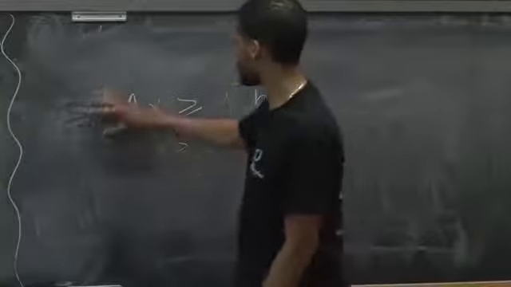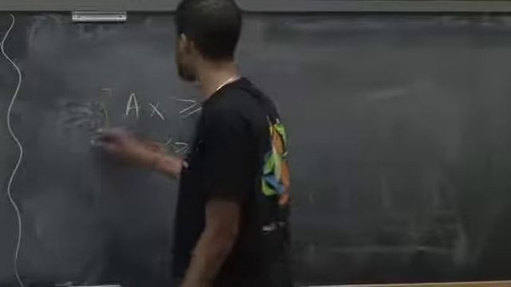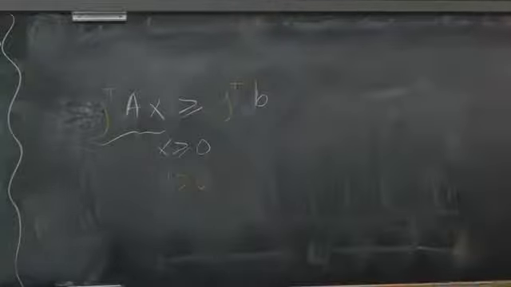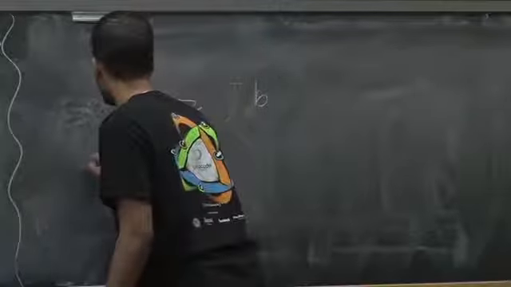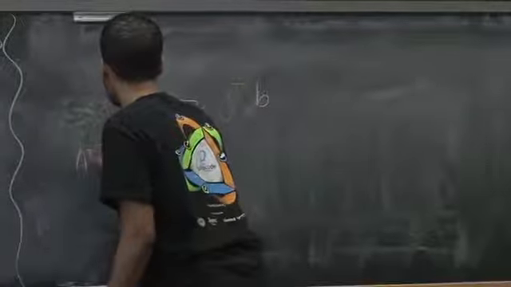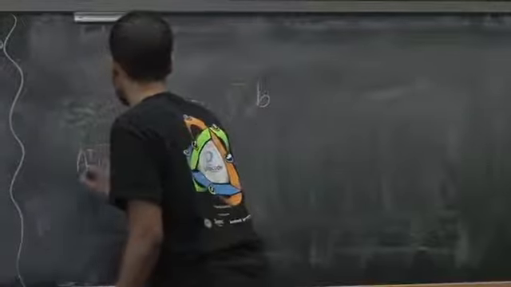Now, what is this? This is some dot product with the x vector. This is equal to (A transpose y) transpose x. So what I've just shown is that this implies that (A transpose y) transpose x is at least y transpose b.